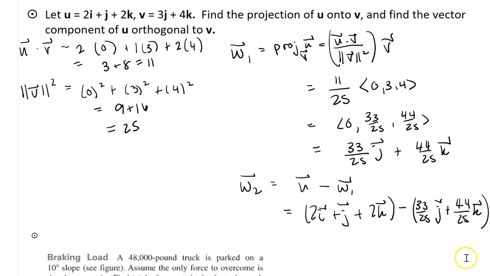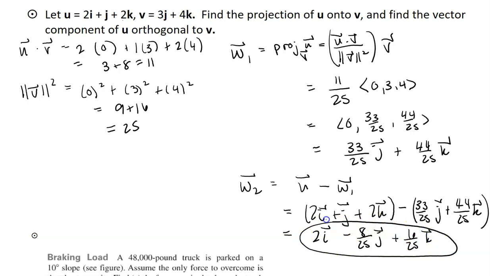And remember, we just want to add our like terms. So that gives me 2i minus 8 over 25 j, because that's 1 minus 33 over 25. 2 minus 44 over 25 gives me plus 6 over 25 k. So that will be my answer.